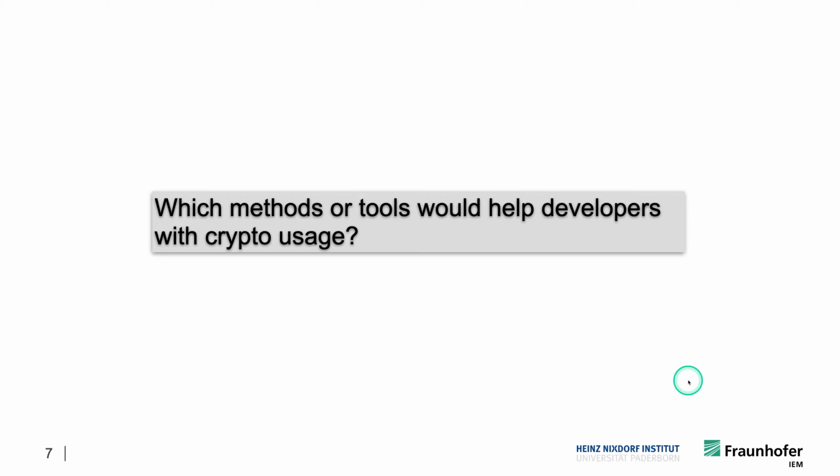And so we looked into a number of different questions in this study, but one in particular that we asked them was which methods and tools would actually help developers with crypto usage. So we asked the developers themselves, and these were developers who we actually knew had previously developed with cryptographic code. We asked them, what kind of tool support would actually be able to assist you?